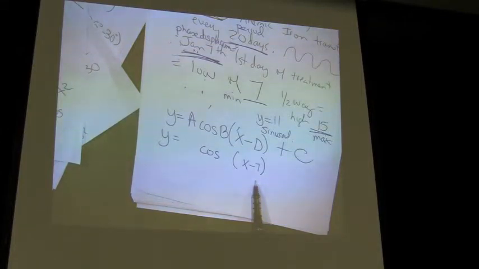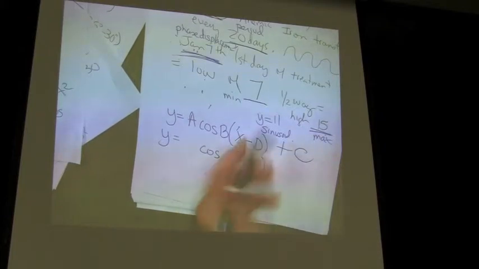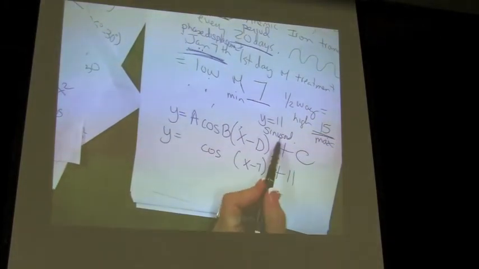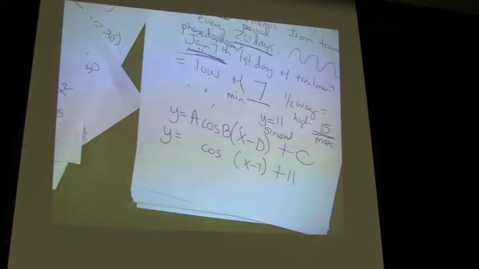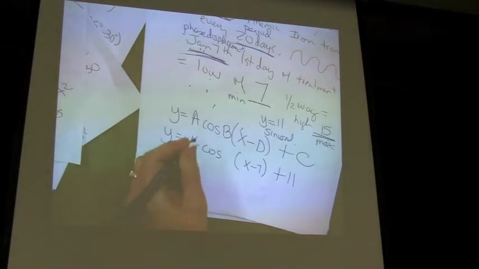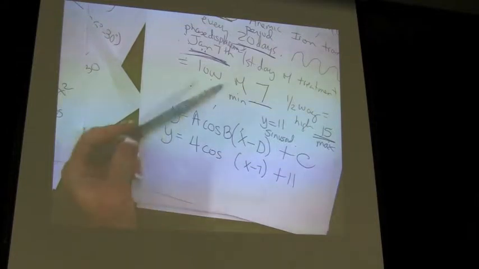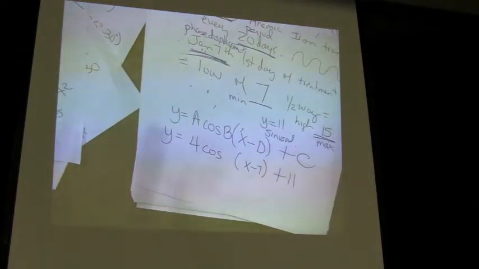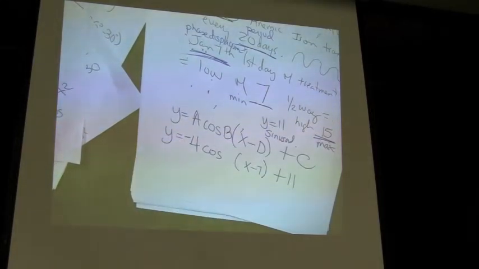Okay? And what's c? Plus 11, because we said that's the location of the sinusoidal axis. And what's the amplitude? 4. Why? Because from 11, we go 4 up, we're at 15. We go 4 down, we're at 7. And we said this was negative because it's starting at a low point.